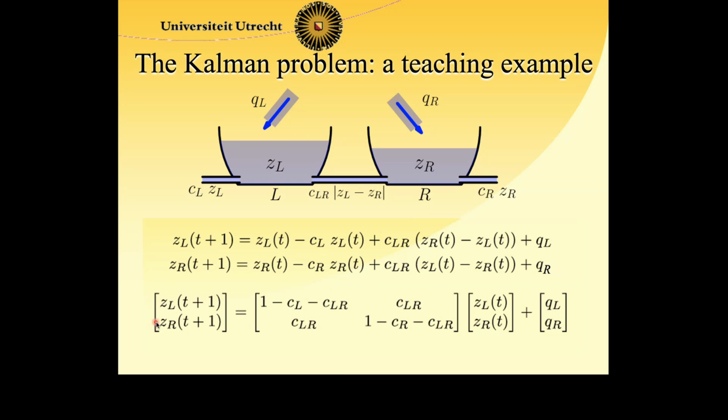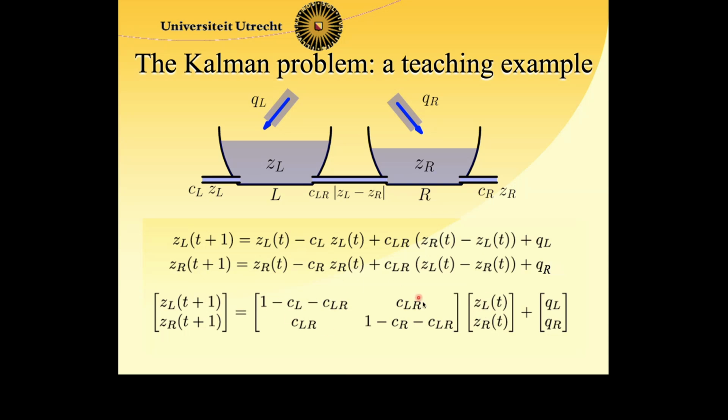And we can put them in a matrix vector notation. And that's called the state space formulation. So we have ZL T+1, ZR T+1, and we can factorize ZL and ZR from these equations.